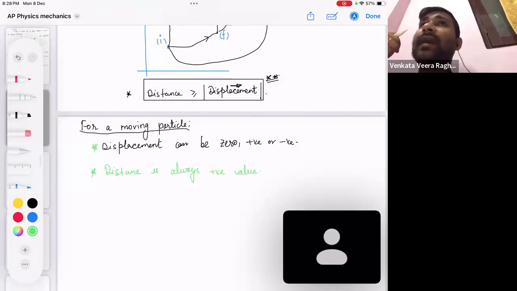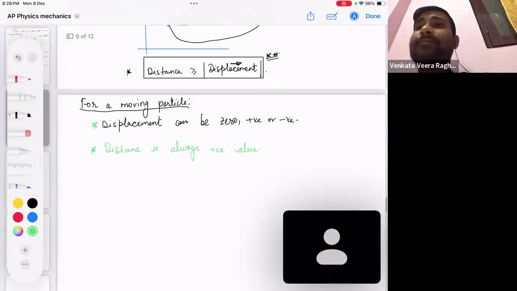If a particle always moves in one direction and is not turning back or coming back on its own path, can we say that in that case the distance is going to be equal to the magnitude of displacement? Please tell me.